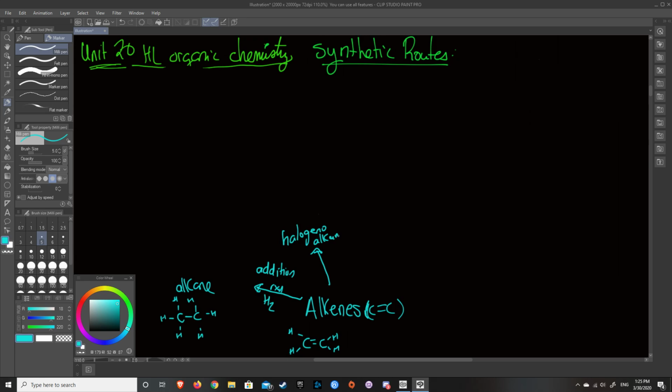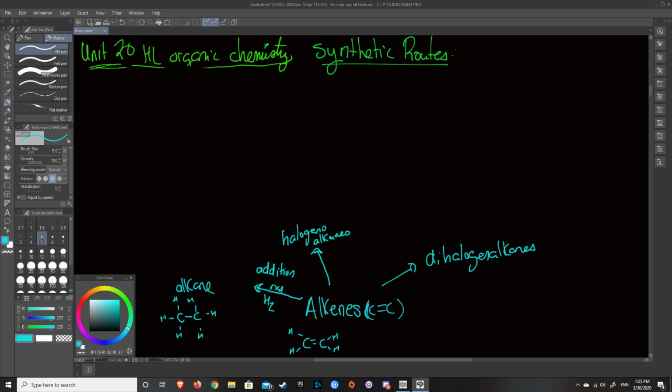We can also get to dihalogenoalkanes. So three different routes here.